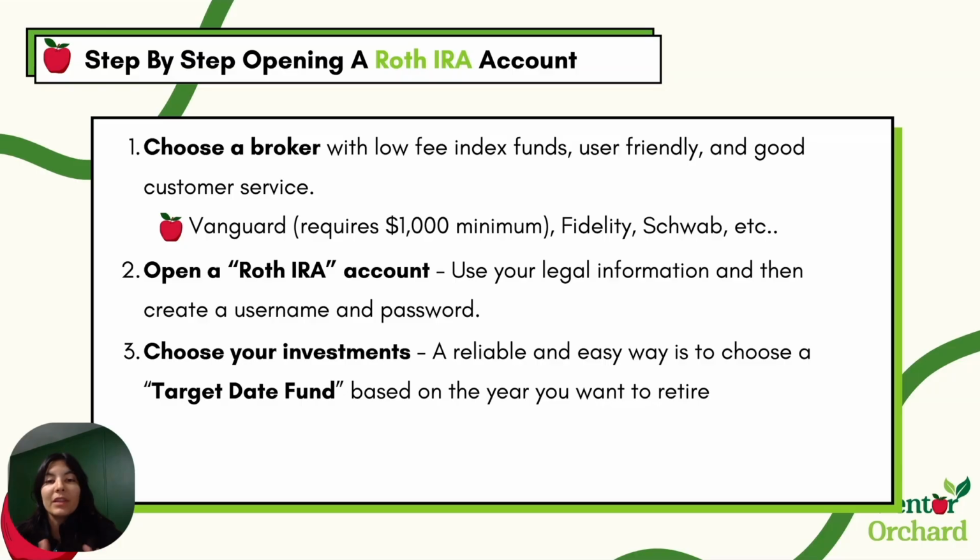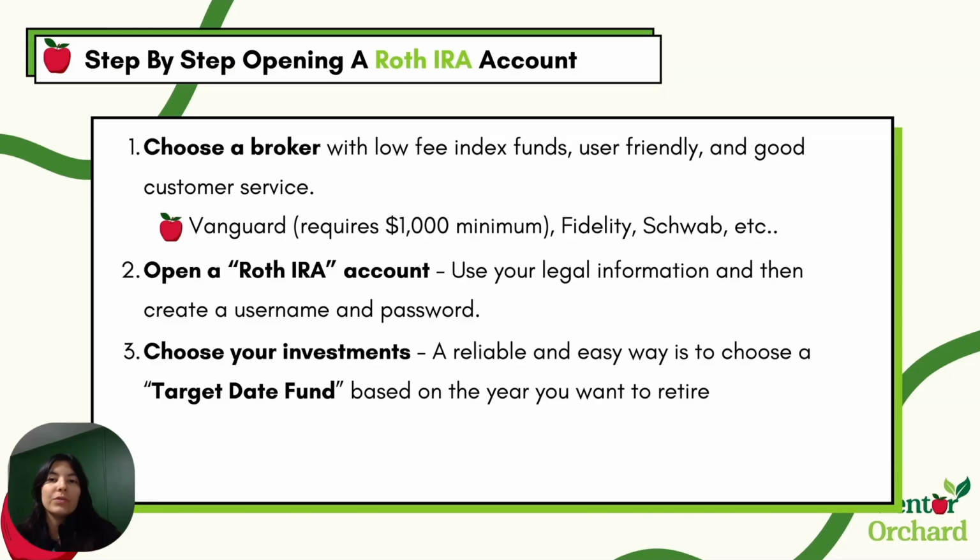And a really popular thing to choose is something called a target date fund or a target retirement fund. And all the major platforms offer their own. Essentially, the platform has someone else managing it, someone else is diversifying it and updating it accordingly. And they're adjusting it based on how close you are to retirement.